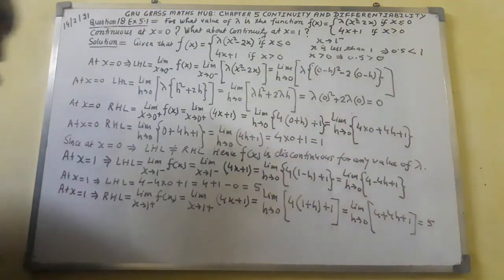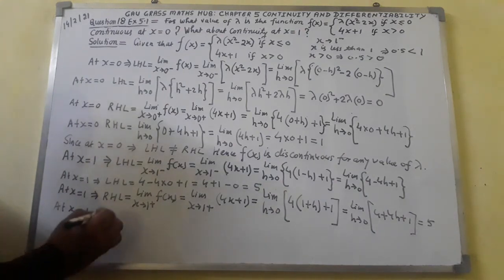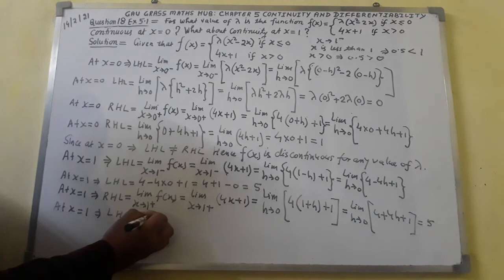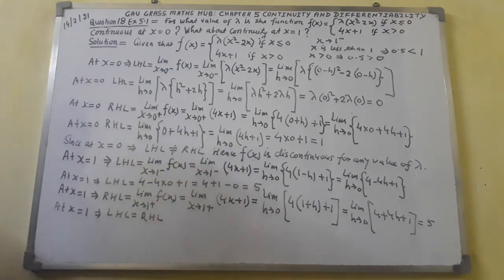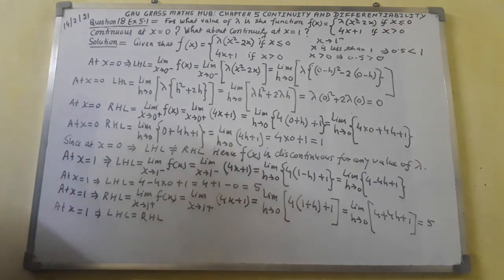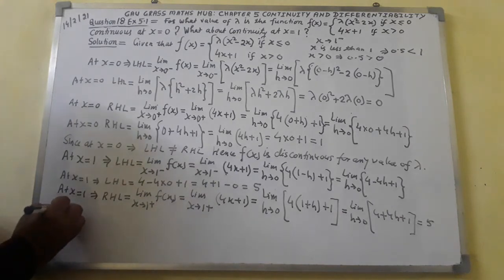So in this case, at x equal to 1, the left hand limit is equal to the right hand limit. Hence, I shall also take f of 1.